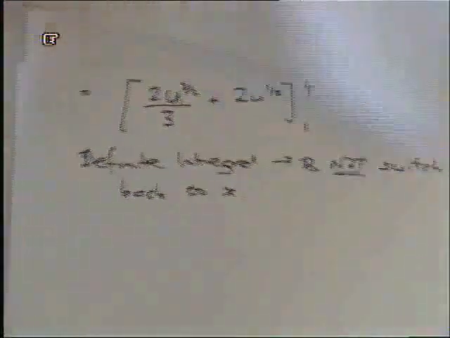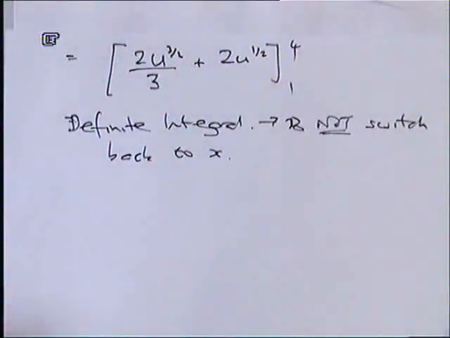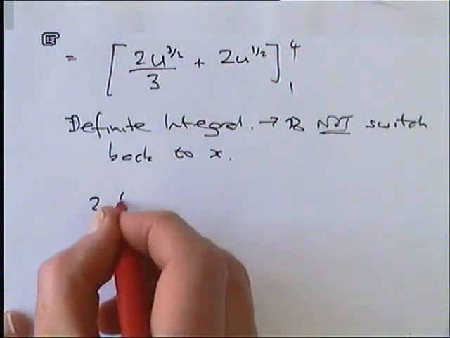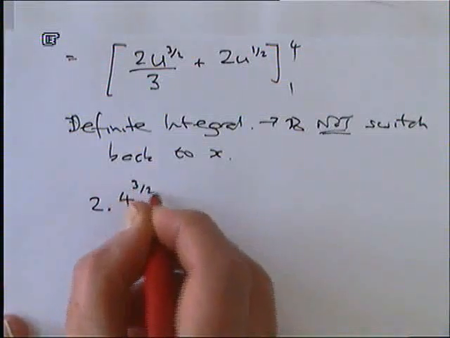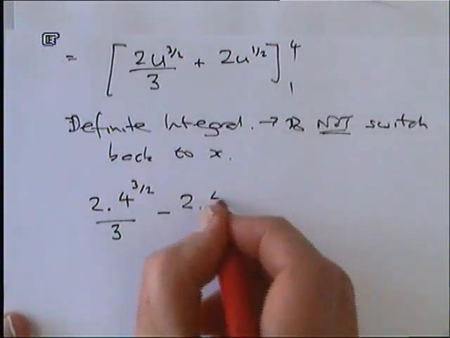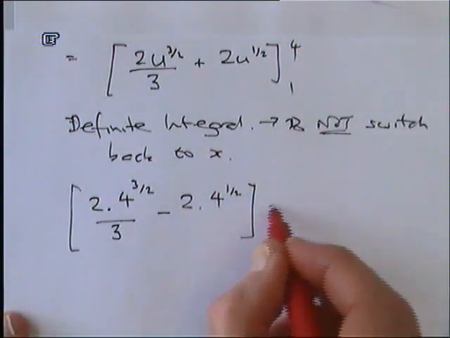So you don't change anything back to x's, you just keep going then, substitute in. So I'm going to stick my 4 in everywhere, so it's 2 lots of 4 to the power of 3 over 2 over 3. Take away 2 times, basically I'm just substituting in.